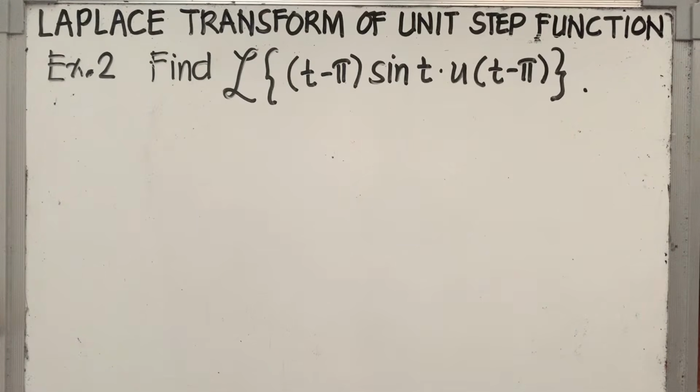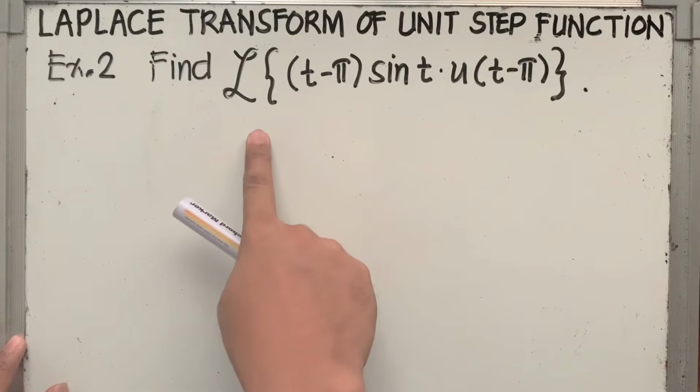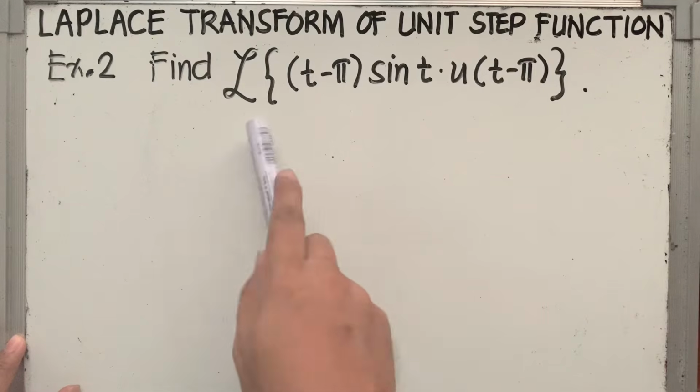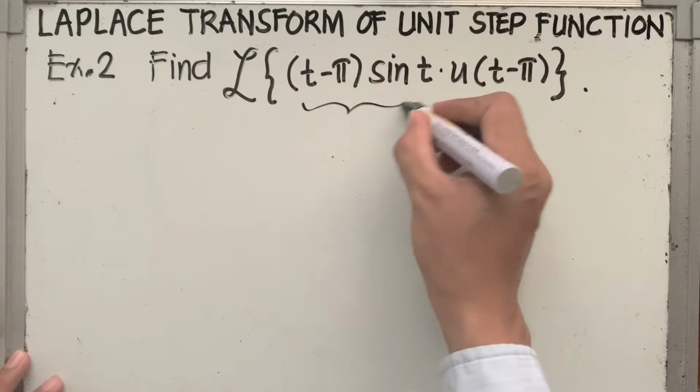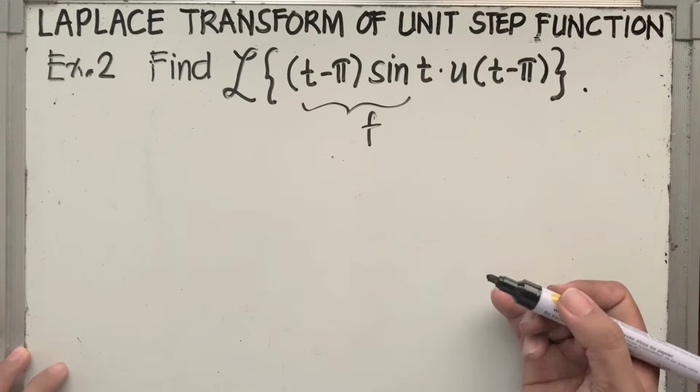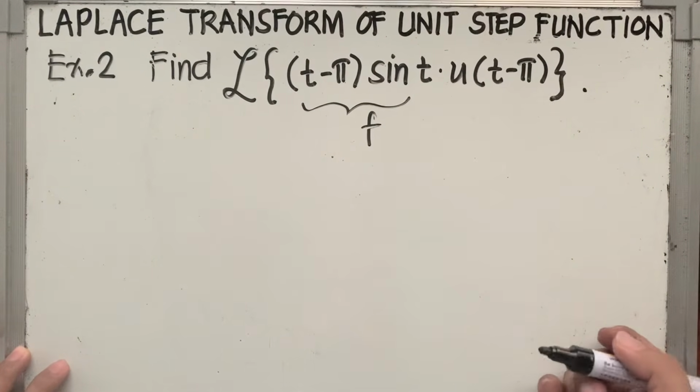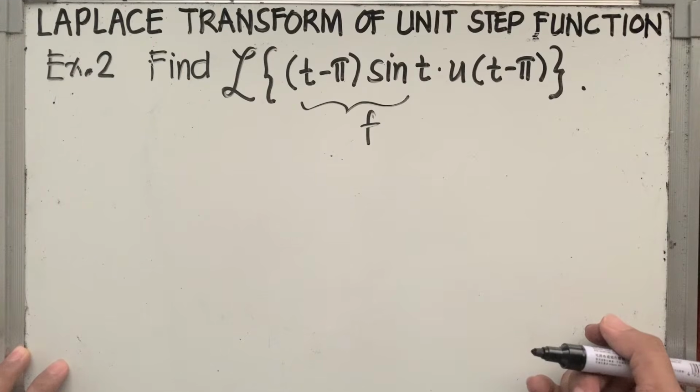Now let's proceed to our next example. Okay, find the Laplace transform of t minus pi times sine of t times u of t minus pi. Again, the presence of u of t minus pi suggests that this function is a unit step function. So, yun underline ko na yung function f only.